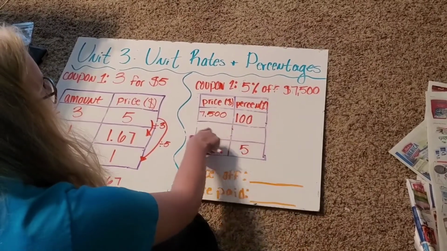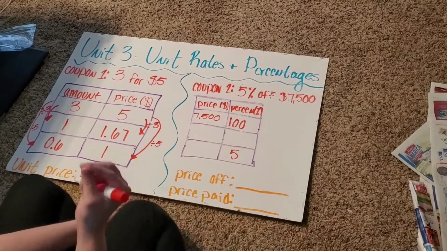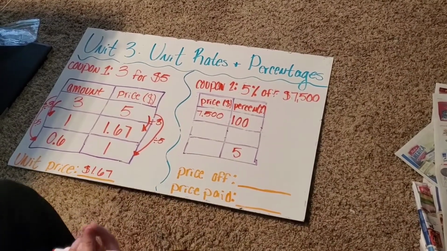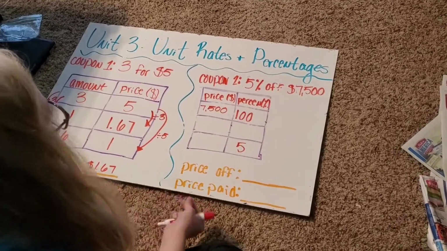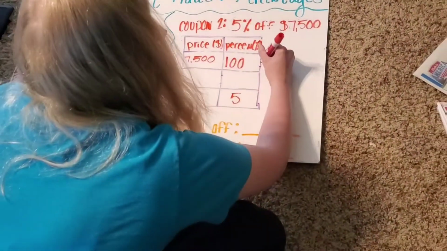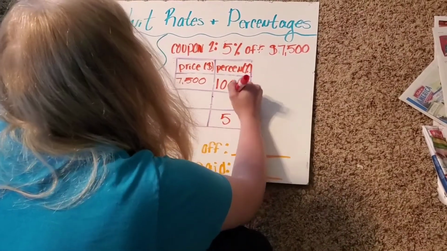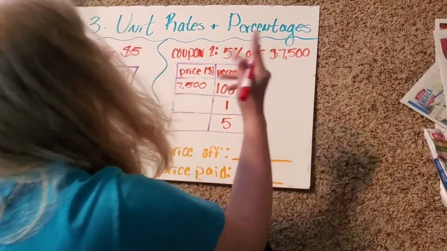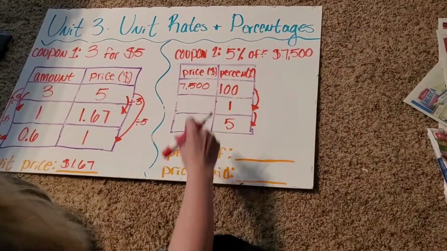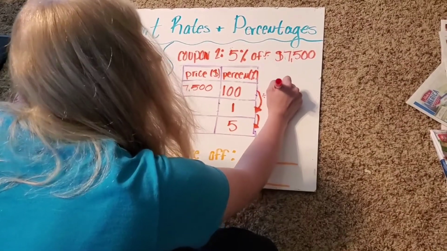So I actually need to figure out how to go from 100 to 5. And that's why I actually left this row in between, because there's going to be a number that I need to go to, and then I can go back up to 5. So I don't know how to go from 100 to 5, but I do know I can go down to 1 and then back up to 5. The way I do that is, well, 100 divided by 100 gives me 1.